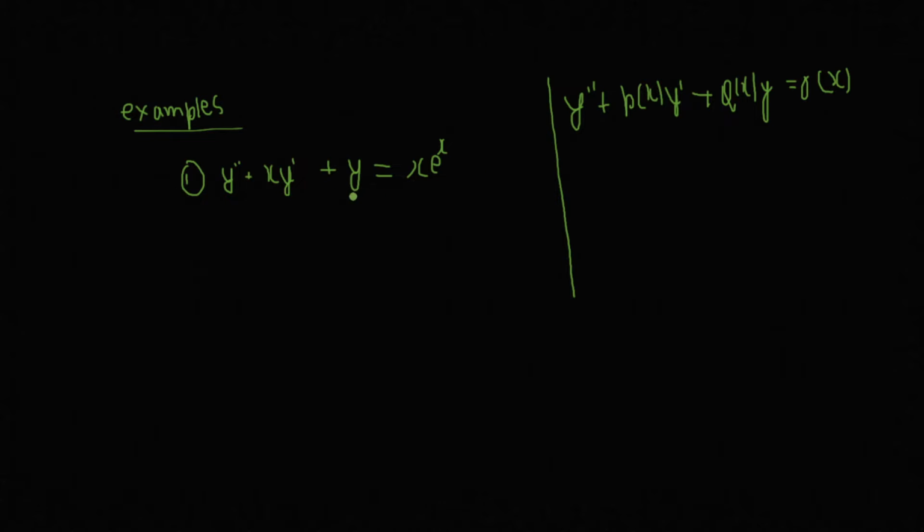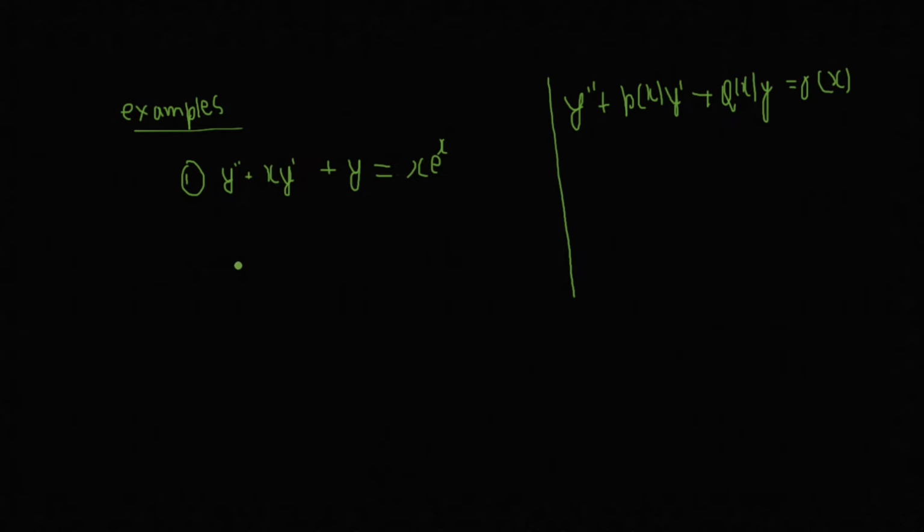So when we compare this equation with this equation, we can clearly see the coefficient of y double dash is 1. The value of p(x) is x and the value of q(x) is 1, and the r(x) term is not 0, which implies that this is non-homogeneous.